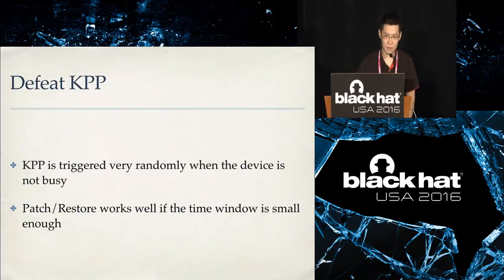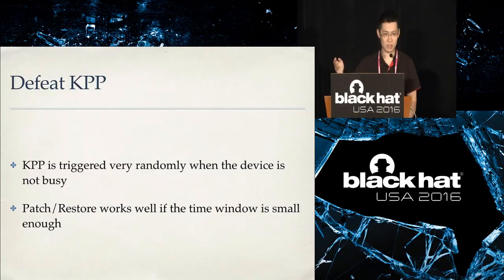Okay, so we will talk about another way that we defeat KPP. KPP is used to prevent kernel patching if you want to make the patch persist. Through our observation, the trigger of KPP is very random, but it's usually triggered when the device is not busy, and it takes from seconds to minutes.